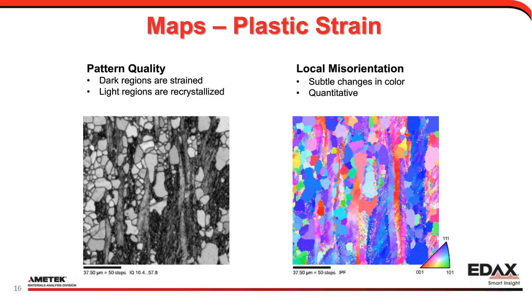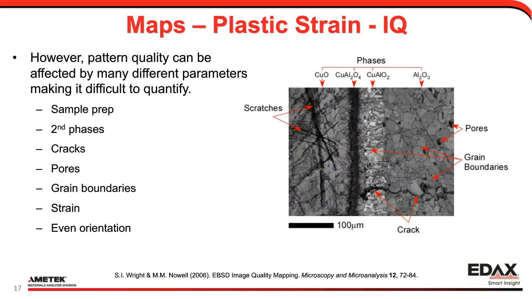And we can be quantitative about this. As I mentioned, plastic strain is very evident in the IQ maps, but there are a lot of other things that create contrast in the IQ maps. One is clearly sample prep, which is actually an indication of strain. Second phases often show up in IQ maps as lower or higher intensity due to the nature of the second phase versus the matrix phase.